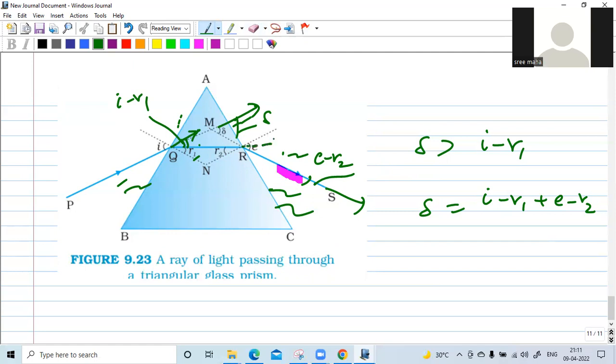This is the first ray, this is the second ray, and this much is the deviation. This is delta 2 and here is delta 1. Delta 2 is E minus R2, the same as this angle, vertically opposite.